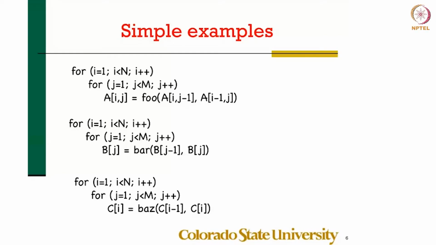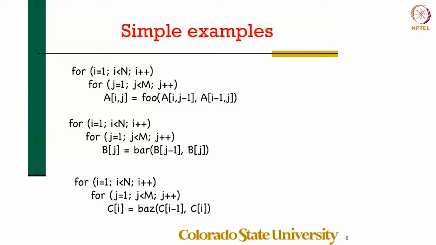Is a two-dimensional union of rectangles. What about for the second example, B indexed by j? So it is a line segment now because it's only one-dimensional. And it goes from 1 to m minus 1, but also includes the first reference on the right-hand side, j minus 1.